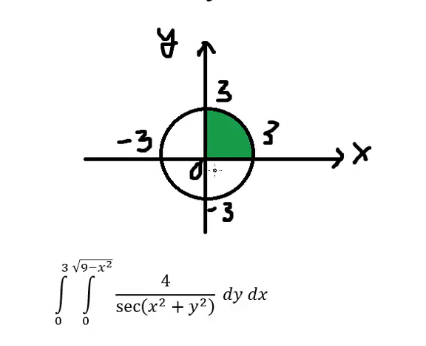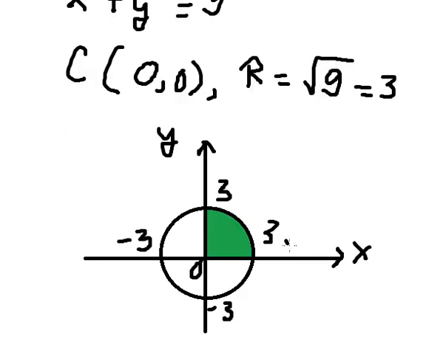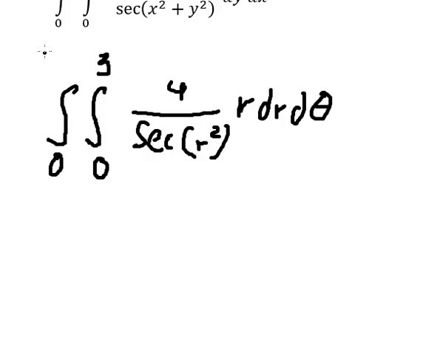For dr, that is from 0 to 3 because this is the radius of the circle. For d theta, we start at 0 and we stop at pi over 2 in here. This is about the trigonometric circle. So this one, that's it from 0, they will go in here. And now we need to calculate this one.